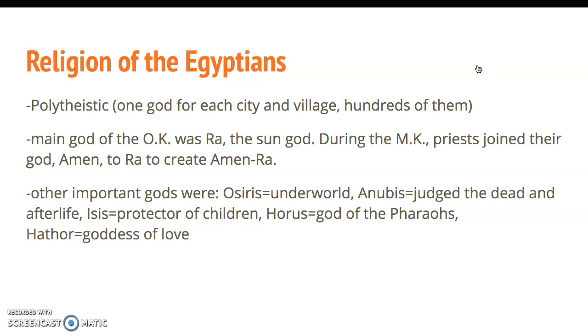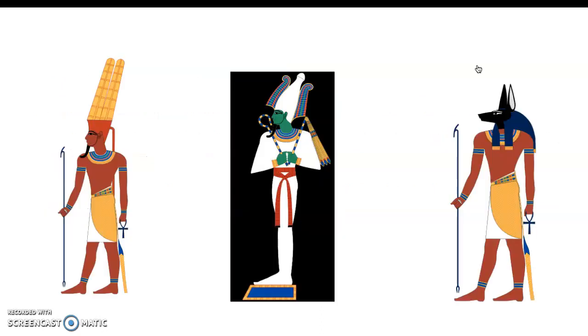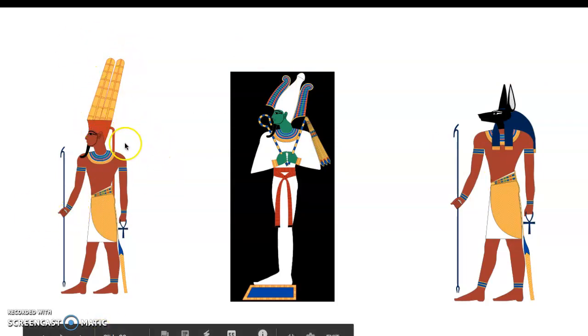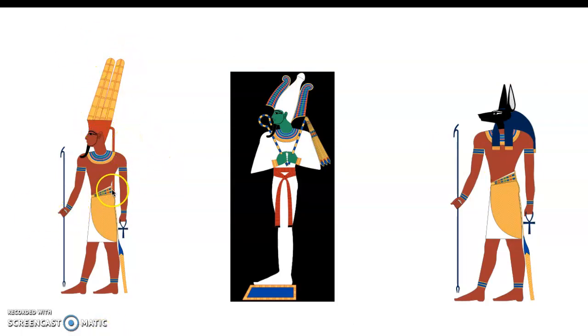Some other important gods are Osiris of the underworld, Anubis, who judged the dead and was a guardian of the afterlife, Isis, the protector of children, Horus, the god of the pharaohs, and Hathor, the goddess of love. Now, obviously, that is not an extensive list, but it gives you some idea of what we're talking about. The ones that you're going to have to know for your test specifically are Amun-Ra right here. He's got the big tall hat, making him bigger than everybody else. Size equals importance. He's the most important.